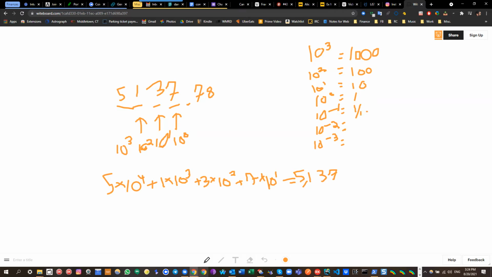The thing is that when you go up in the exponents, you multiply 10 times the previous thing, and when you go down, you divide by 10 from the previous thing.